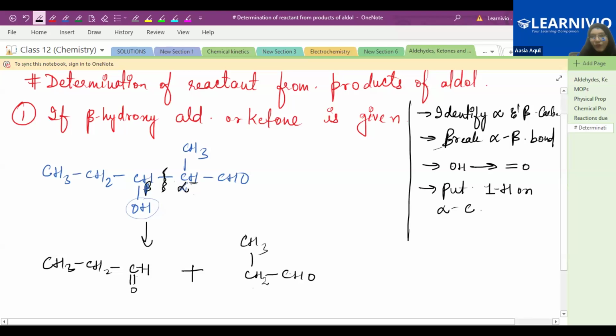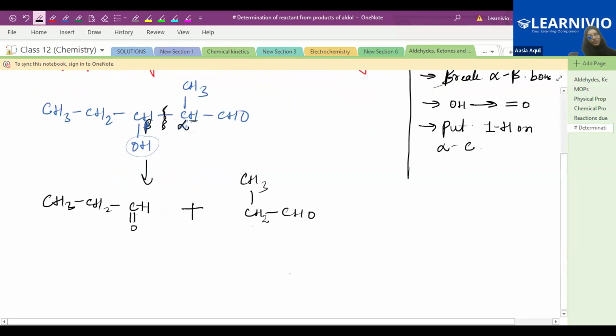CH3, CH2, CHO. Both the molecules are same. So this is your self condensation. Okay. By analyzing the reactant, you can also tell that this is a cross aldol reaction and this is a self aldol.